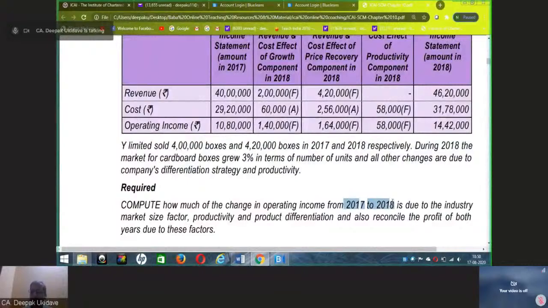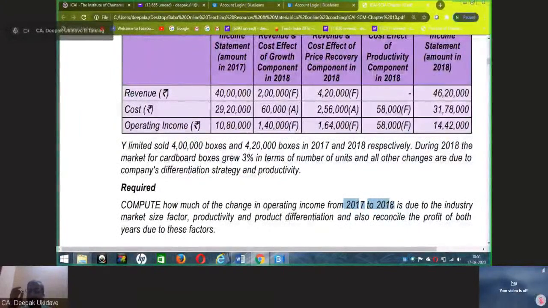Industry market size here is the 3% market size. Then productivity. And third is product differentiation. See, the order can go here and there, no problem. But the basic three words remain the same. One is market size, that is what is the growth. Second one is productivity. And third one is product differentiation, that is nothing but the price recovery effect.